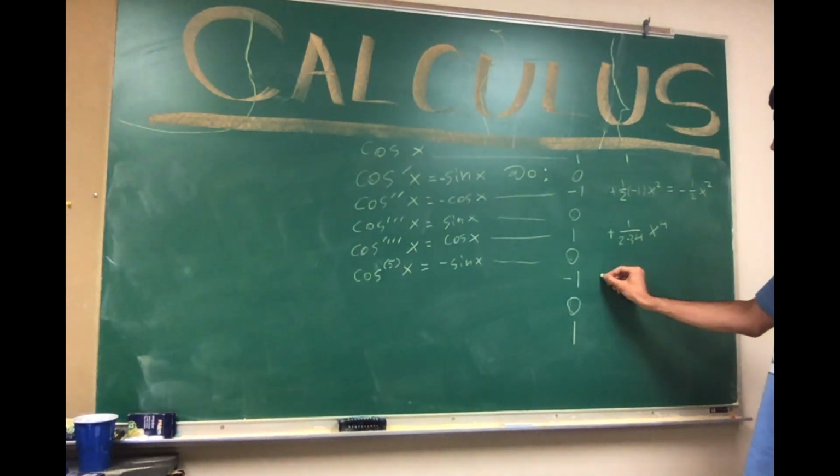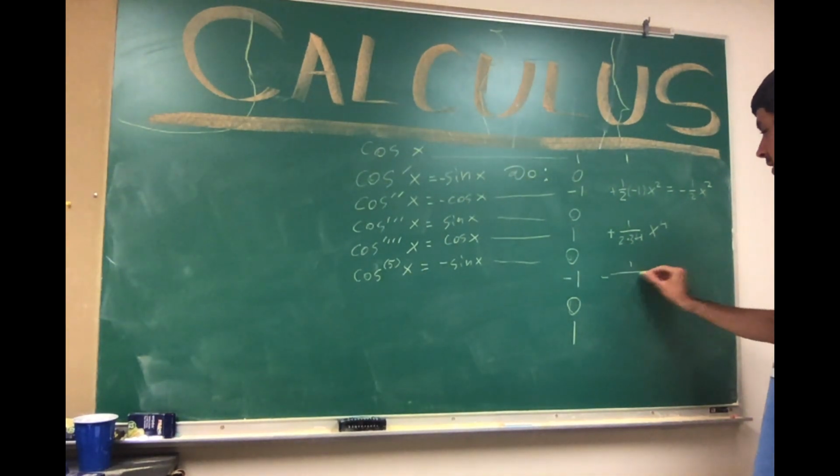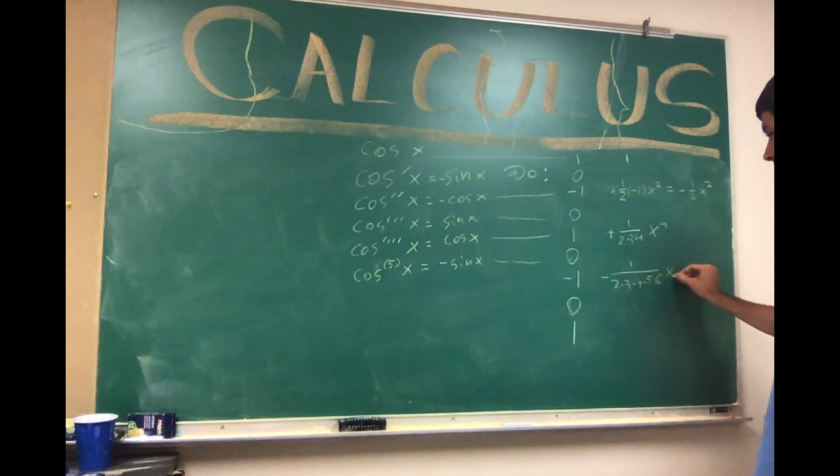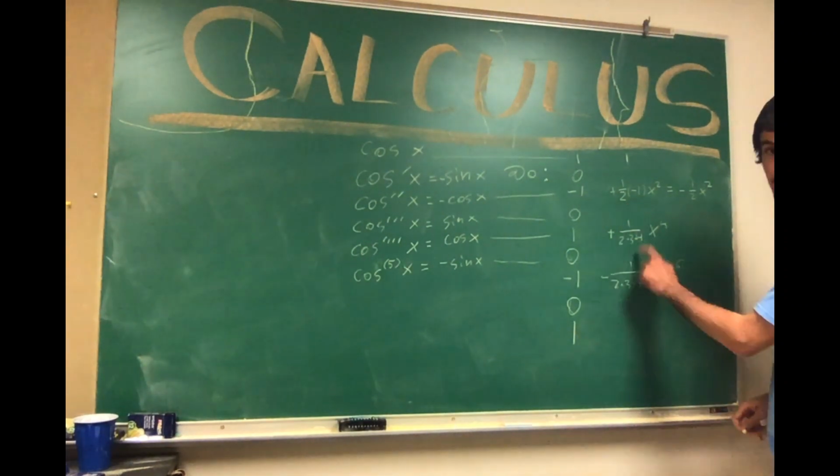And then down here, we'll get minus 1 over 2 times 3 times 4 times 5 times 6 times x to the sixth. And then we'll keep going like this.